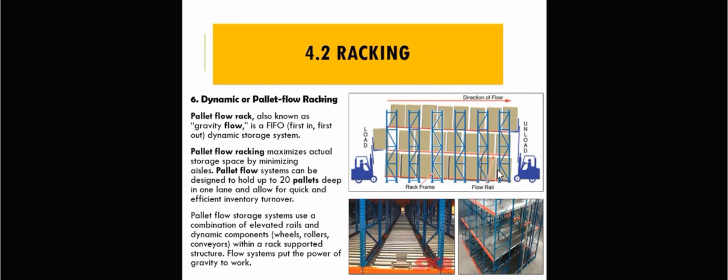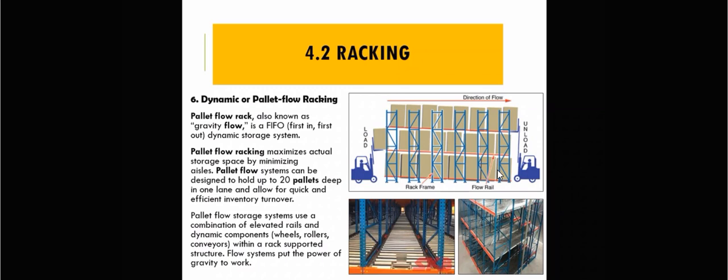All right. Pallet flow systems can be designed to hold up to 20 pallets deep in one lane and allow for quick and efficient inventory turnover. Right, so bila kita buat pallet flow racking ni, dia memaksimumkan ruang penyimpanan lah, dan kita meminimumkan penggunaan laluan aisle.